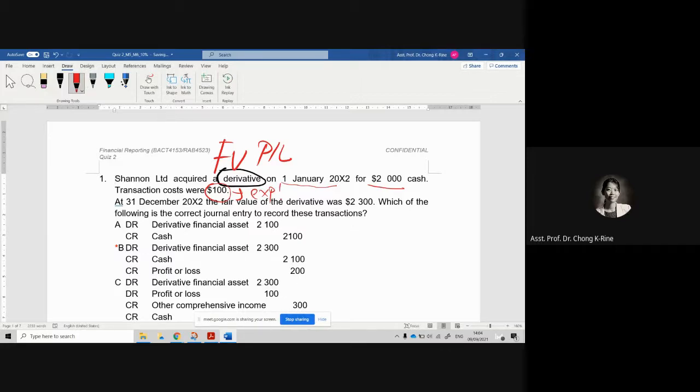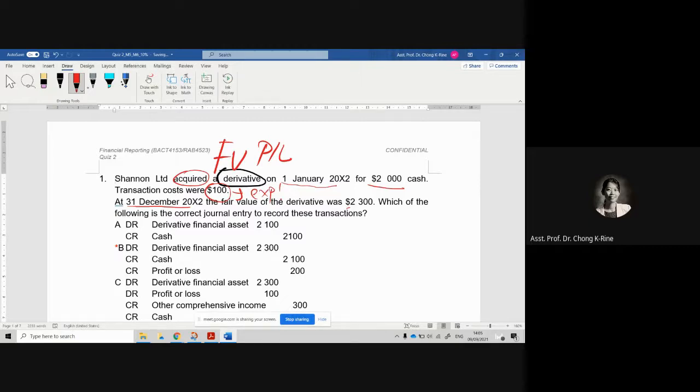At the end of the year X2, the fair value of the derivative was 2,300. Which one is correct? That's the question. It never said I only want the journal entry on 31st of December, right? So it will be throughout the year. Acquired, meaning we will debit derivative and credit cash, right?